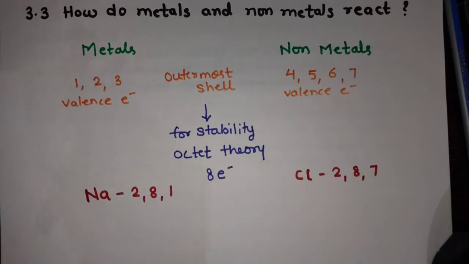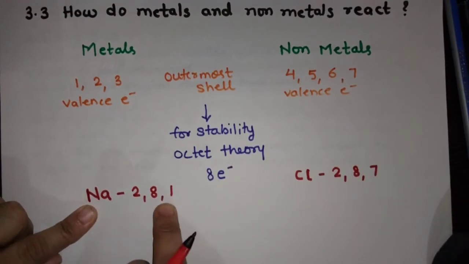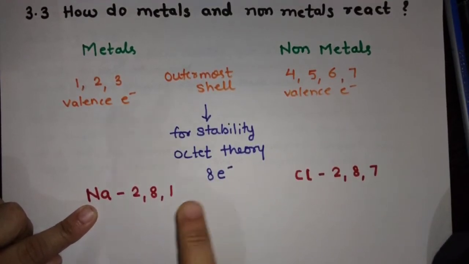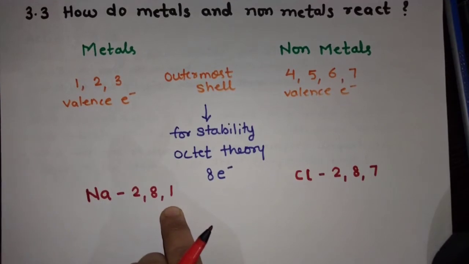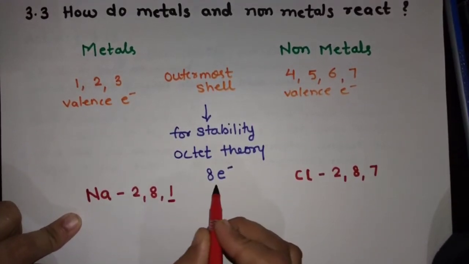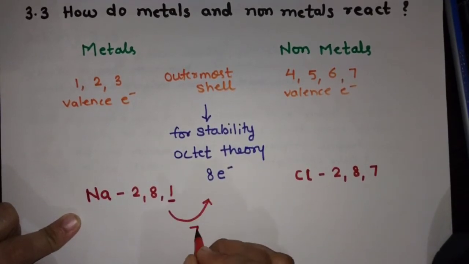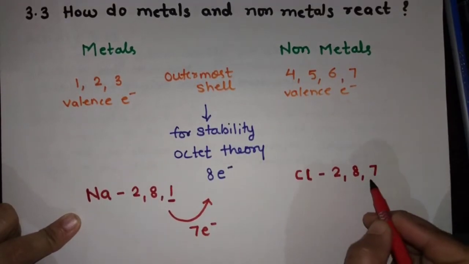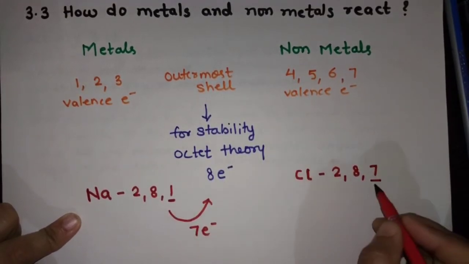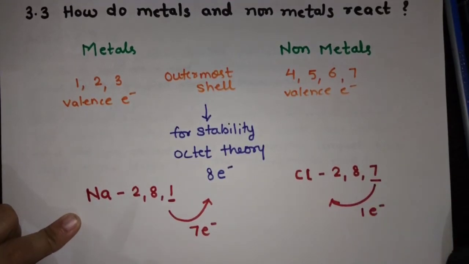So generally metals lose the electron. Why? Because sodium would require 7 electrons to complete its octet, while chlorine requires only 1 electron to complete the outermost shell.